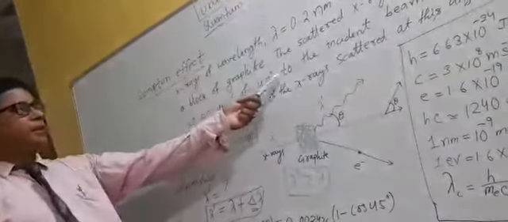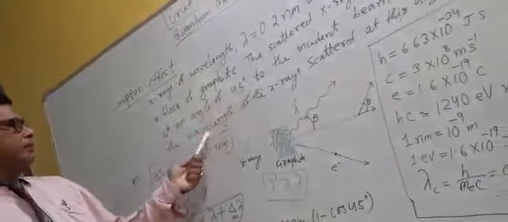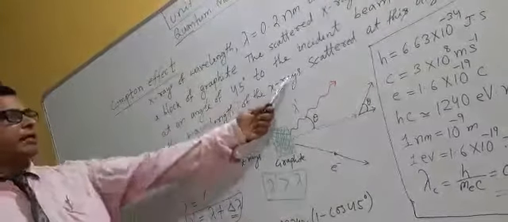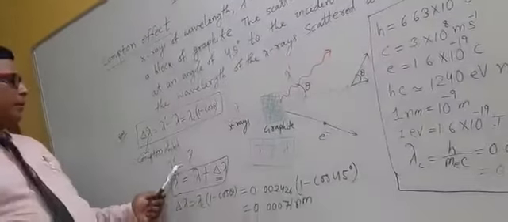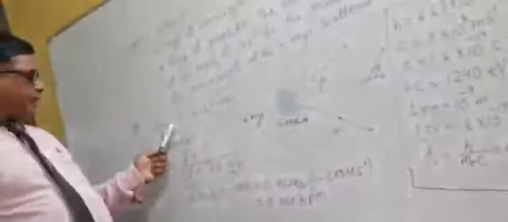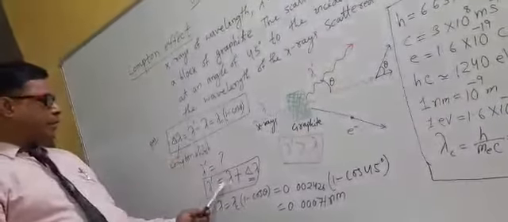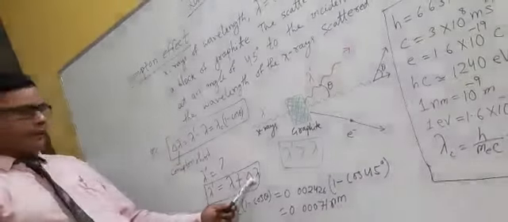As far as the problem is concerned, you have to find the wavelength of the scattered X-ray, that is, lambda prime. As per the relation, lambda prime is equal to lambda plus delta lambda.